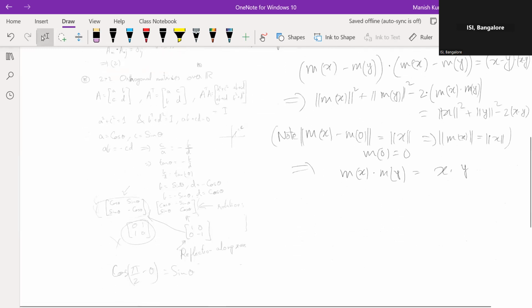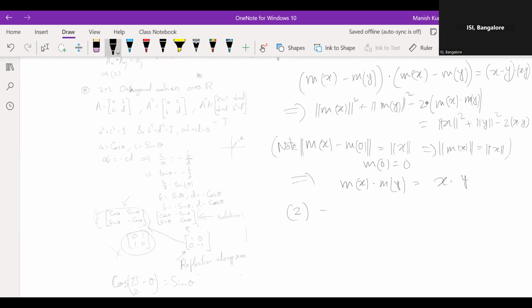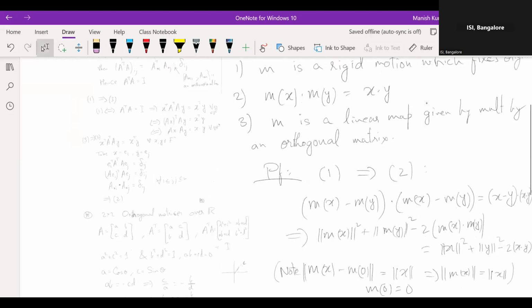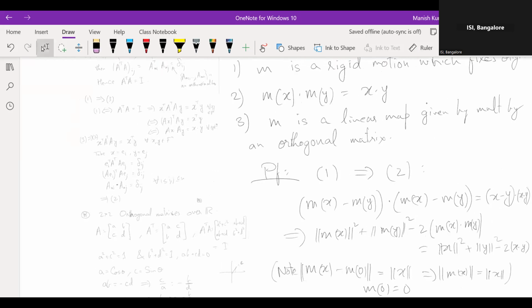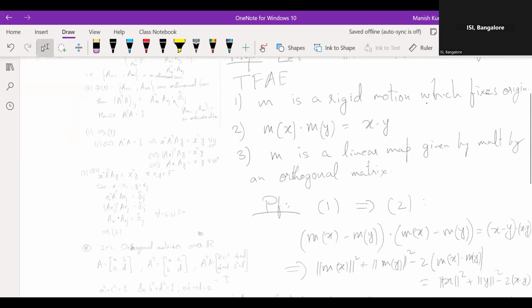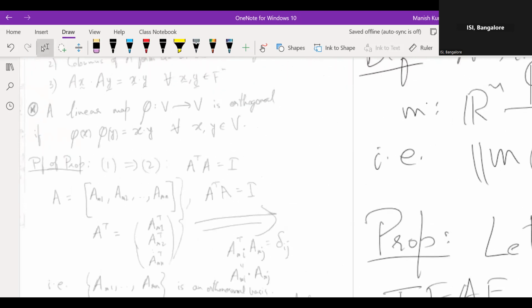So let's try to prove 2 implies 3, and then we will prove 3 implies 1. 3 implies 1 is straightforward because we already saw that an orthogonal matrix preserves distances.